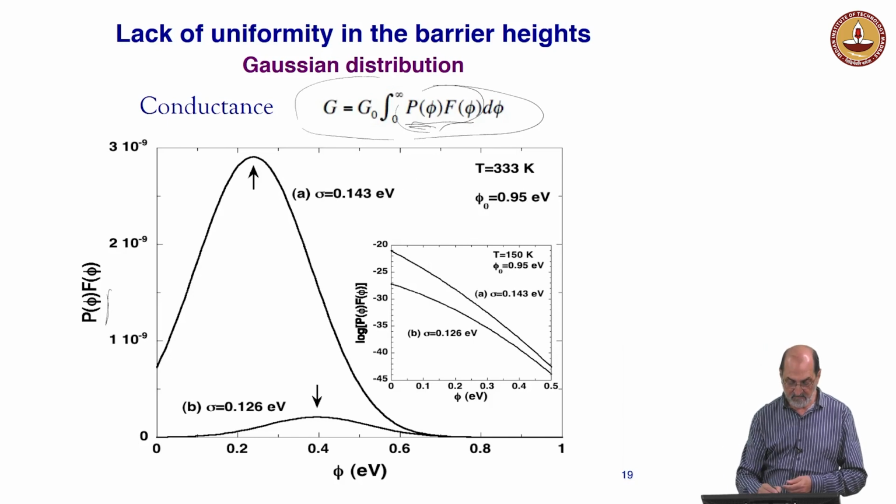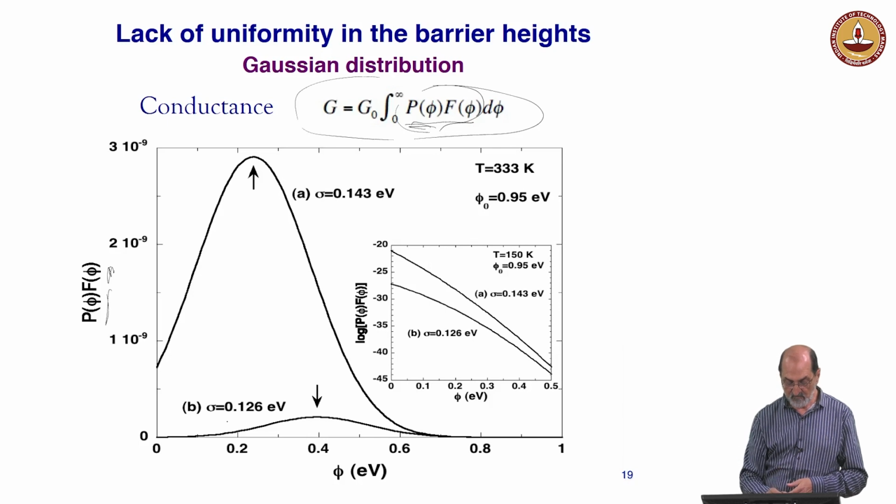I'm taking this from the literature. They propose several possible distributions. Sigma would be the dispersion. And obviously, the larger the dispersion, since this is multiplied by a decreasing function, the product presents a maximum which is more and more on the left for larger values of sigma.